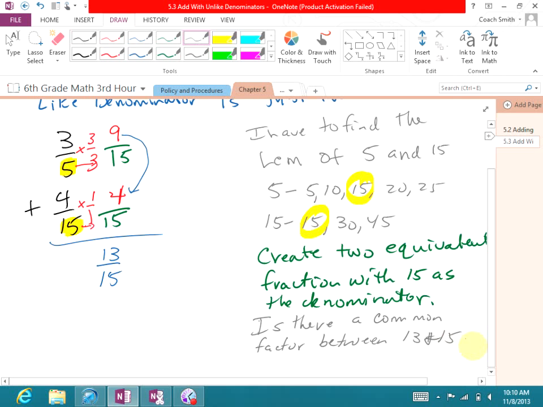No. So therefore, that is my answer in simplest form. So, step 1 was I have to find LCMs. Step 2, create two equivalent fractions. Step 3, see if I need to reduce it further.